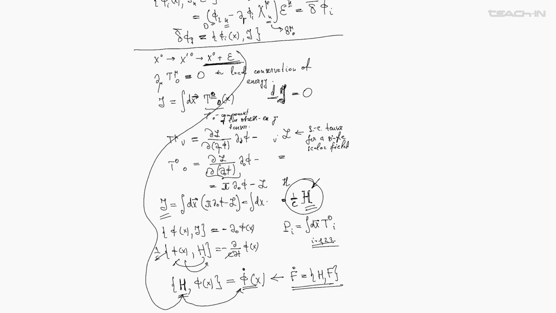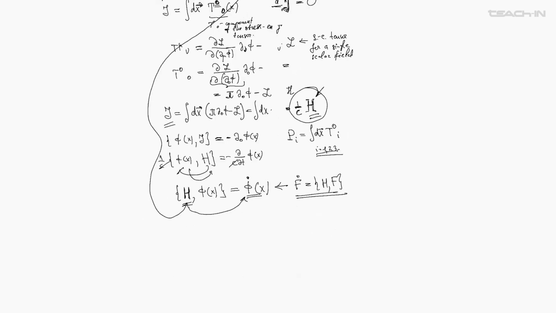But we can consider the Poisson bracket between Hamiltonian and itself, and it's always equal to 0. So the derivative of this is... yes, you're completely right, because if I consider the Hamiltonian itself as a dynamical variable, so you compute the bracket of H with H to find what is H dot, you know that since the bracket is skew symmetric, then this is the same as minus H with H, because the bracket is skew symmetric under interchange.